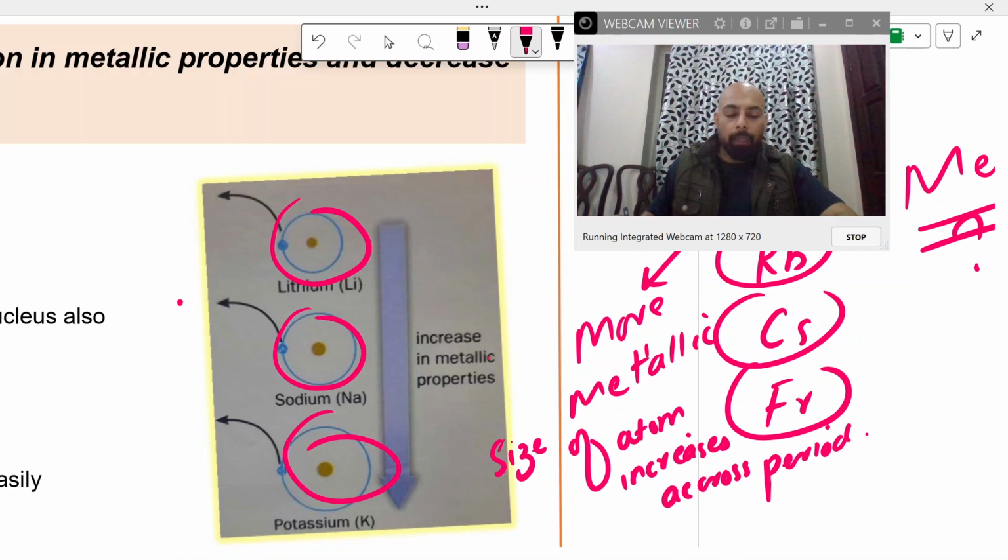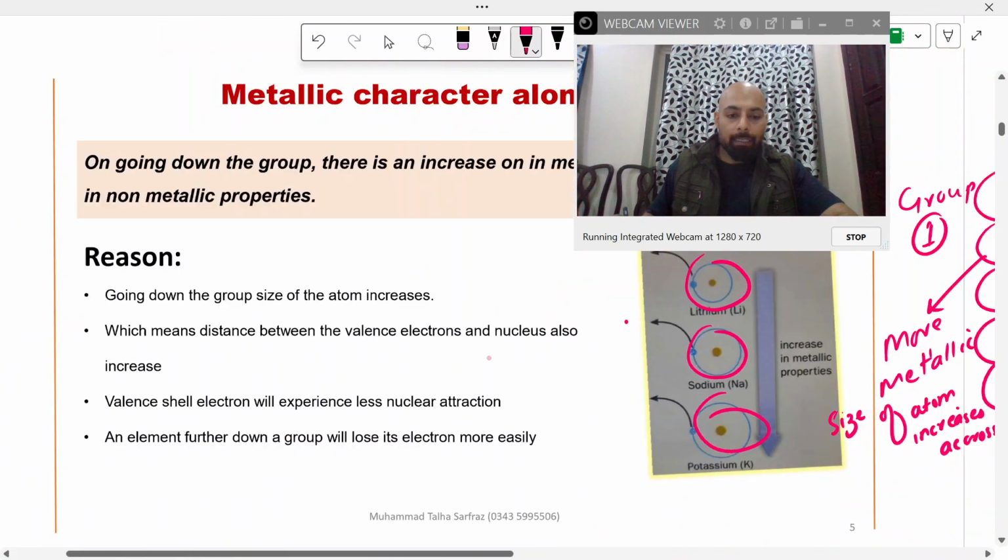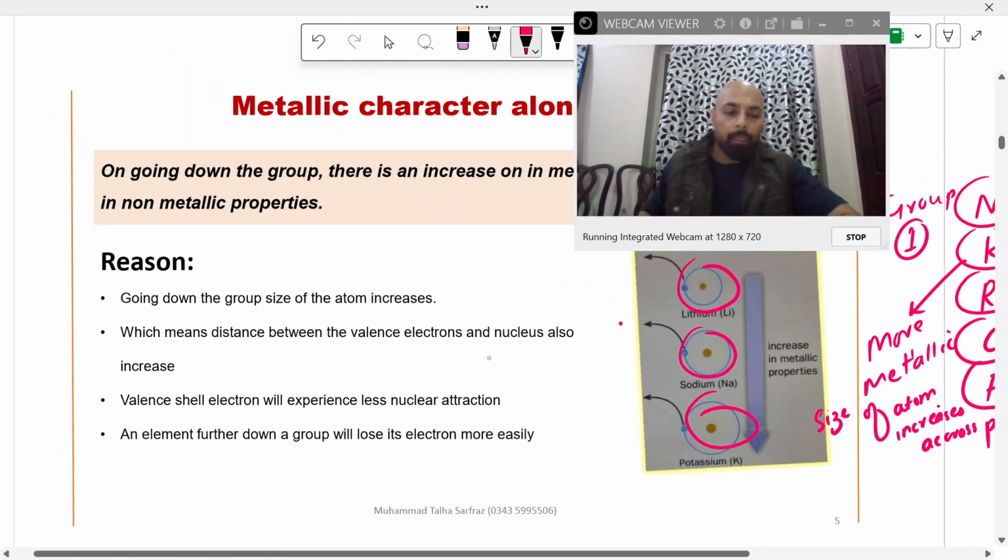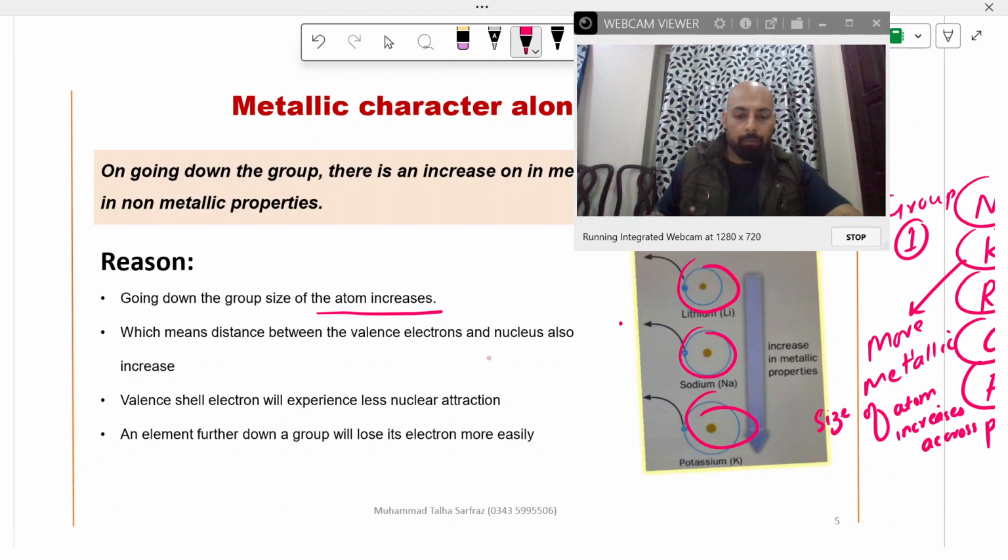Okay, so when the size of the atom increases, what happens then? Going down the group, the size of the atom increases, and the distance between the nucleus and the valence shell electron also increases. For example, let's say this is the nucleus, and as you all know, the nucleus is positively charged.